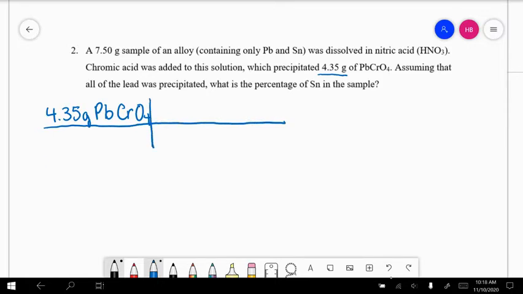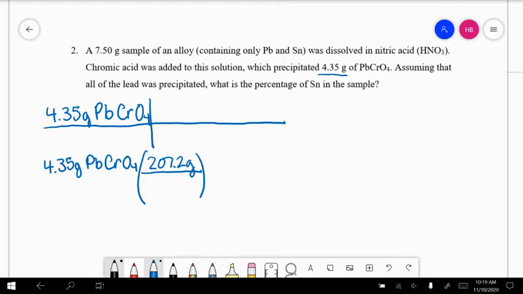I'm going to do it again both ways for you. It doesn't matter which way you choose to do stoichiometry or percent by mass. The mass of lead in here is 207.2 grams. And then we're going to have to add up the complete mass of lead chromate.